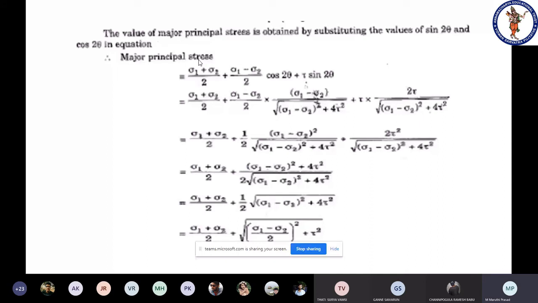Case number 1, I have considered the positive root. Case number 2, you need to consider the negative root. By considering the positive root, whatever value we get is considered the major principal stress. For the negative root, it is the minor principal stress.